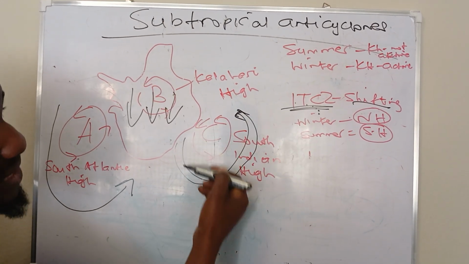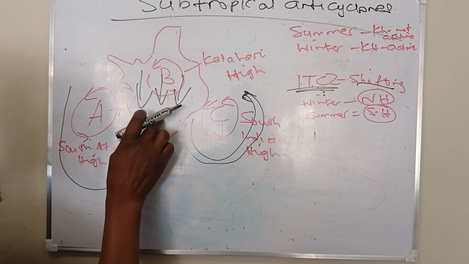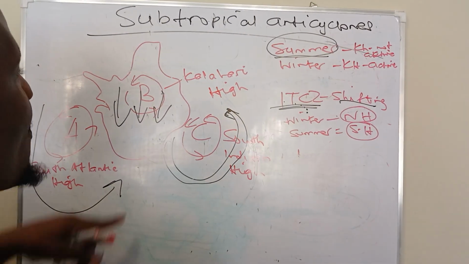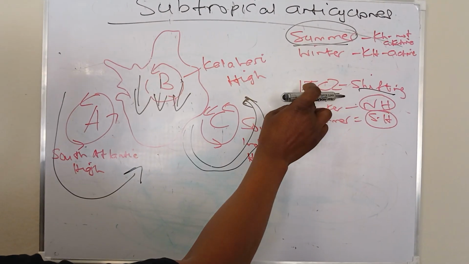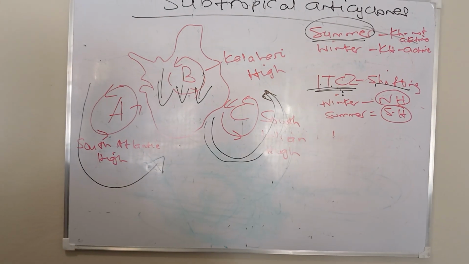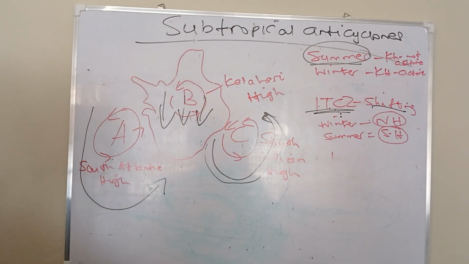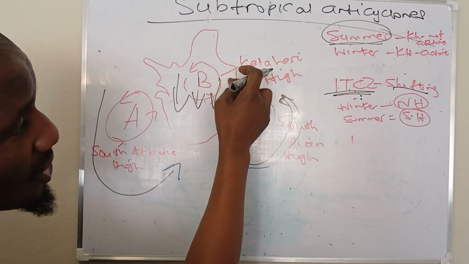Hence there's no condensation that takes place for the interior to receive rainfall, especially in winter. However, now in summer you can see our Kalahari High is not that active. Why? Because our ITCZ has shifted downwards now, hence it's no longer active, which means our Kalahari moved upwards. Hence now the air from the South Indian High is able to get into the interior.